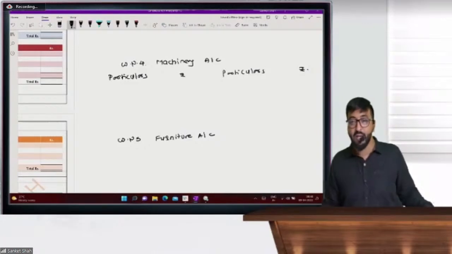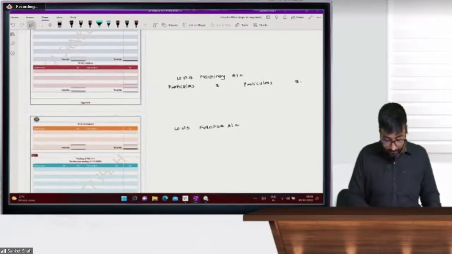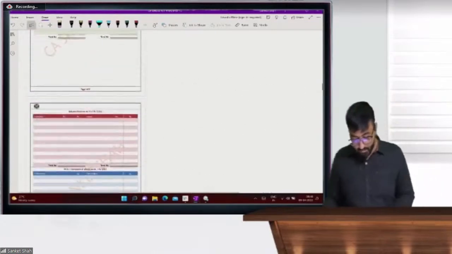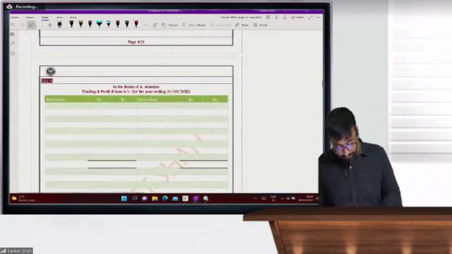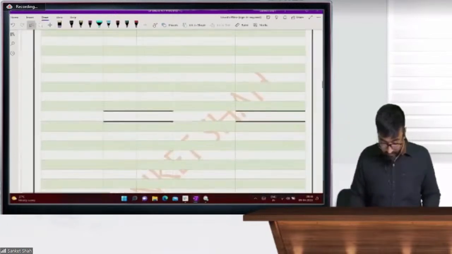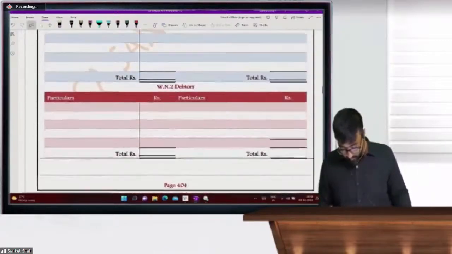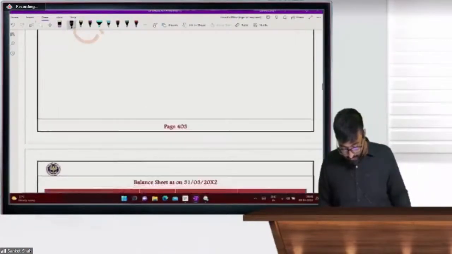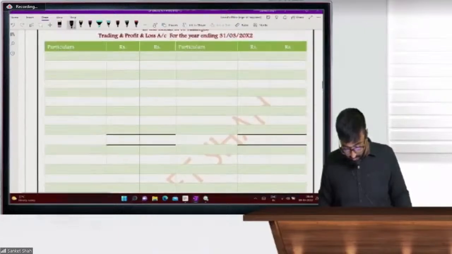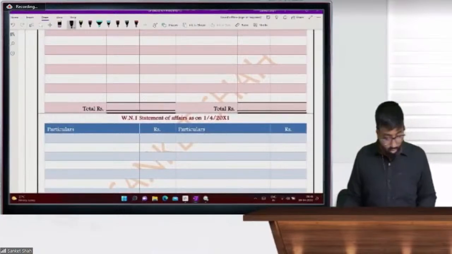We prepare it. I will tell you the logic in the last part of the session on statement of affairs, but wait for some time. Okay, let's start. In P&L there were 2 columns, no, just one column is enough. Okay, draw fast.